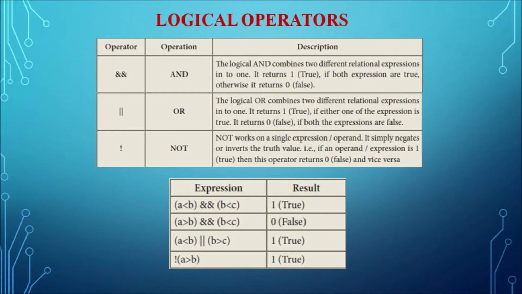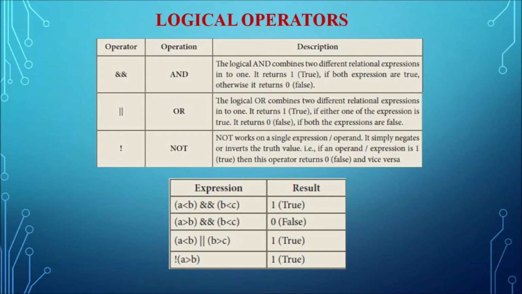The same concept we studied in chapter 2 for the AND gate applies here. If both the values are true, it will return true. If any one input is false, it will return false. Next one is OR.